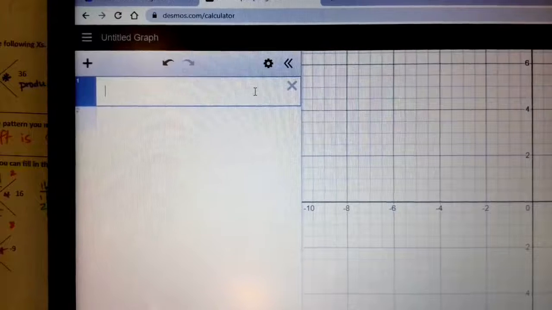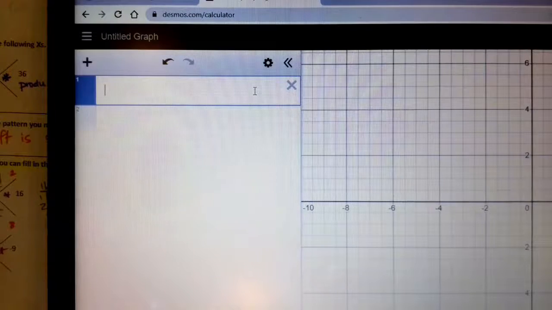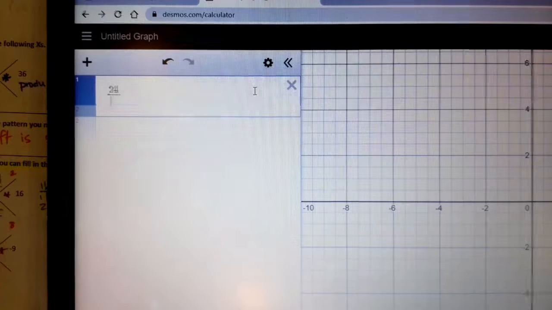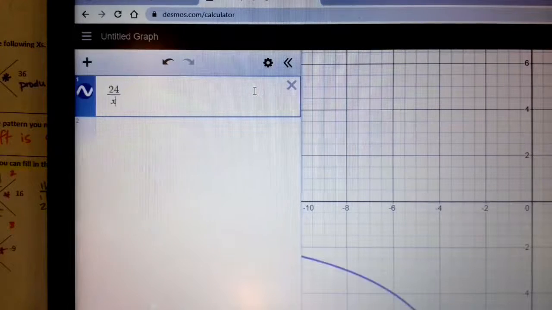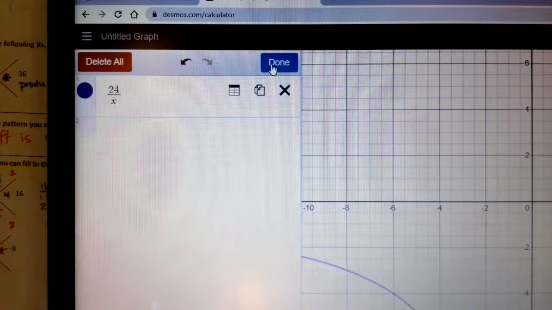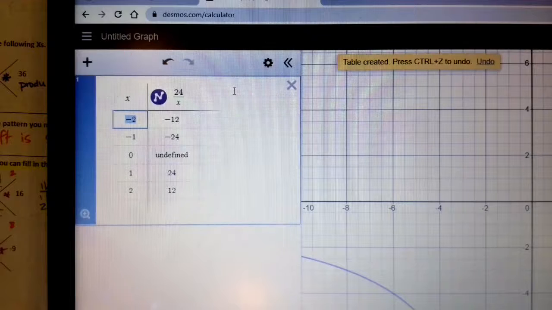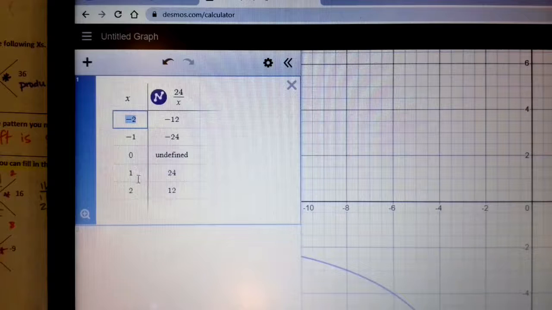Guess what? Desmos can do this too. Are you ready? 24 divided by x, all the numbers in the whole wide world. So if you want to see that table of values, if you come back and you hit this setting, and then you get to click on this convert to table, now you can see -2, -1, 0, 1, and 2 as inputs.